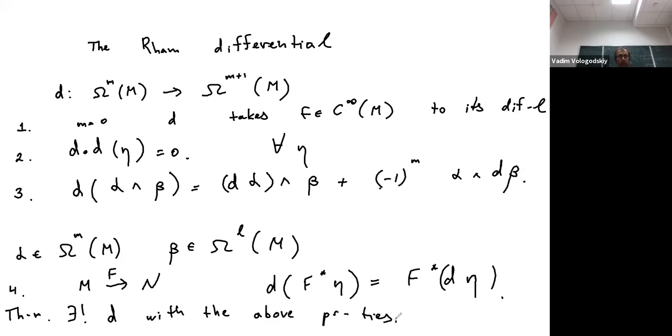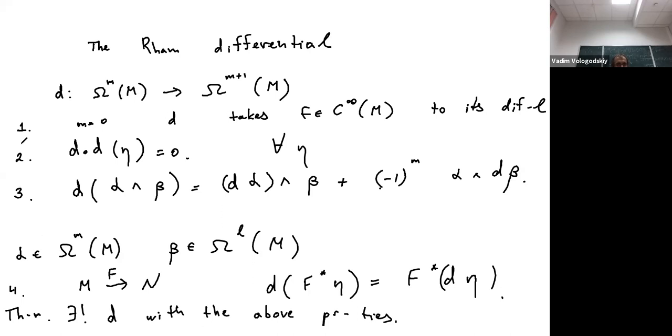So that means that, first of all, d exists, and I need to comment about the uniqueness. Properties 1, 2, and 3 refer to the Duran differential on differential forms for a fixed manifold, whereas property 4 has to do with all manifolds and morphisms between manifolds. So I'm saying that there exists a unique way to construct this d for all manifolds simultaneously.